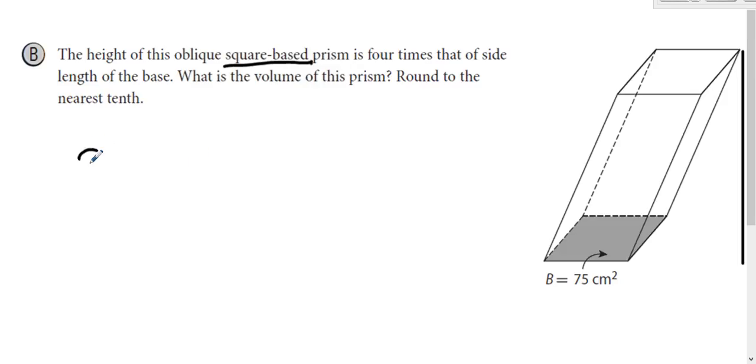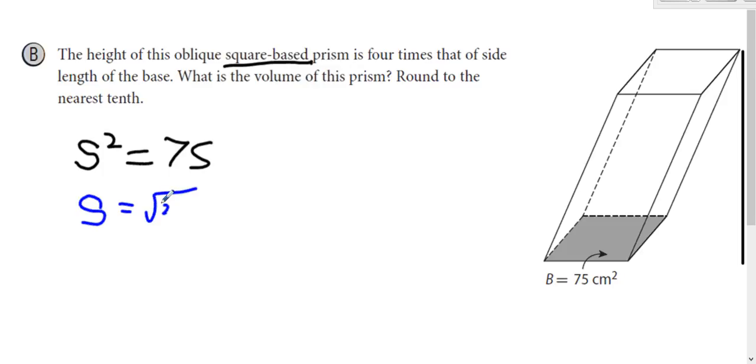We have side length squared, which is the area of a square. In this case, it equals 75. So that means our side length is the square root of 75. You could rewrite it as 5 square root of 3.